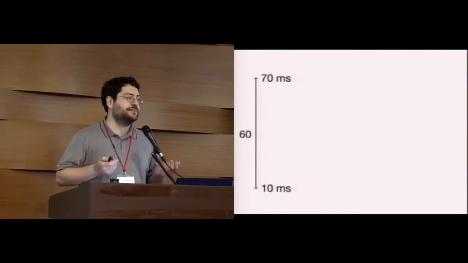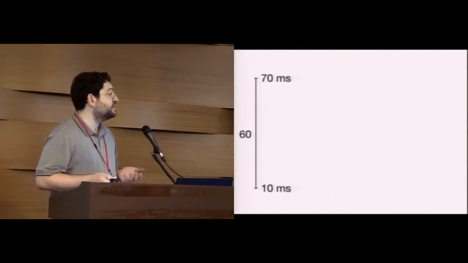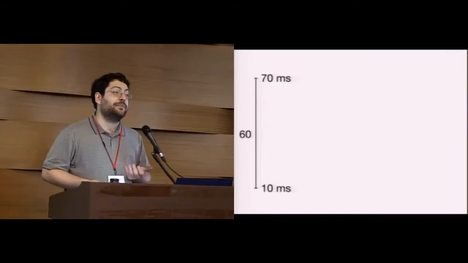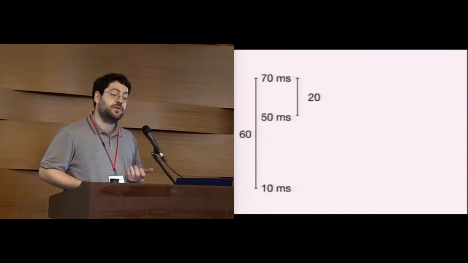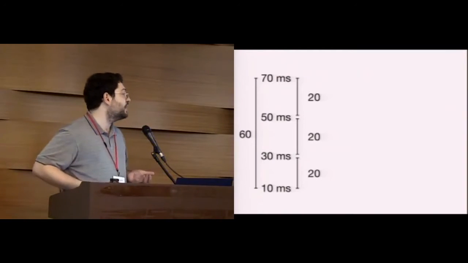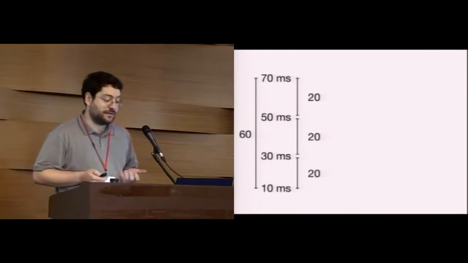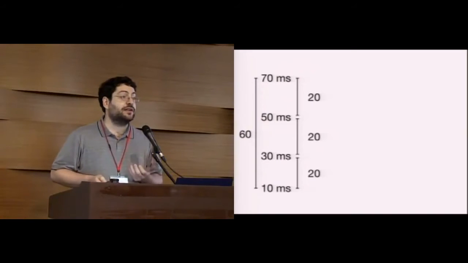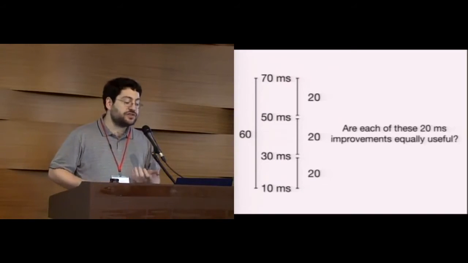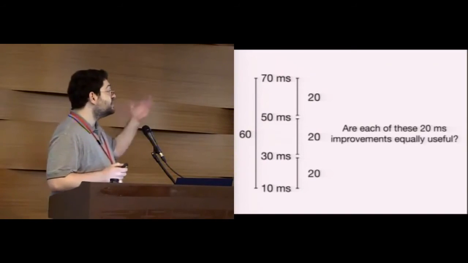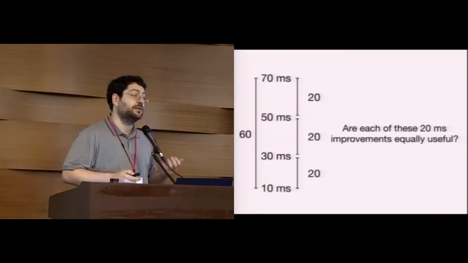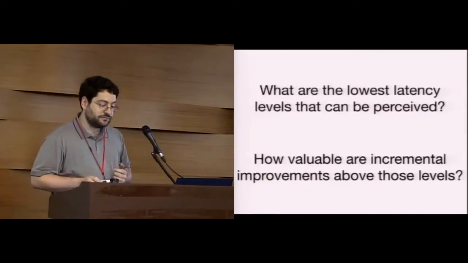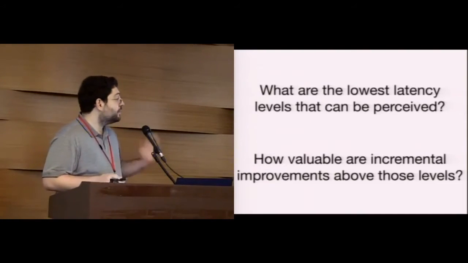The engineering is simply too difficult and too costly to do. What's more likely to happen is a smaller set of changes. We might go down to 50 milliseconds in one generation, then to 30, and finally down to 10. So what we're interested in answering with this second study are questions along the lines of, is each of these 20 millisecond drops equally useful? Are they equally noticeable by users of the system?